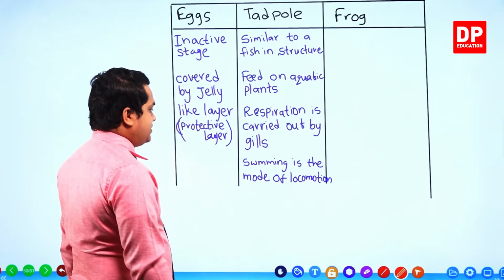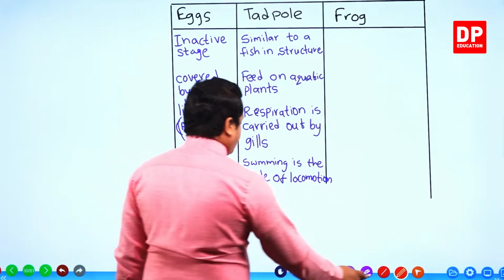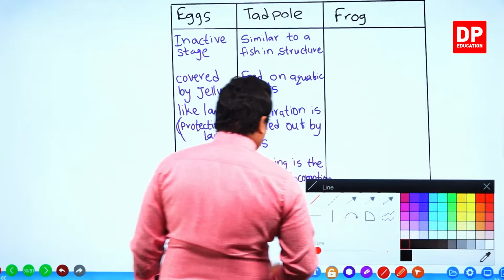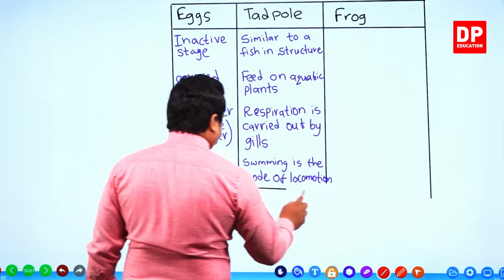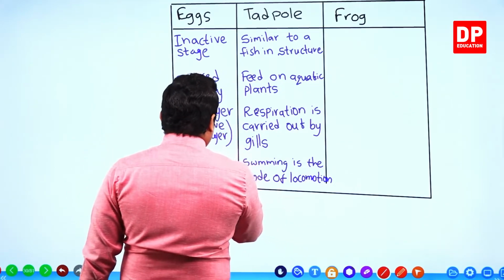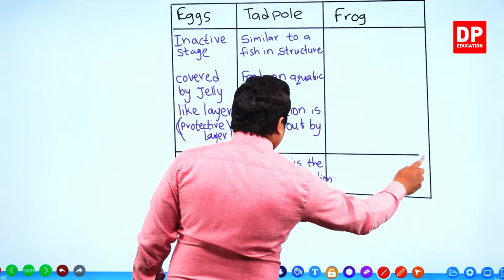Swimming is the mode of locomotion. So we can enclose the table like this. I'll separate the columns.